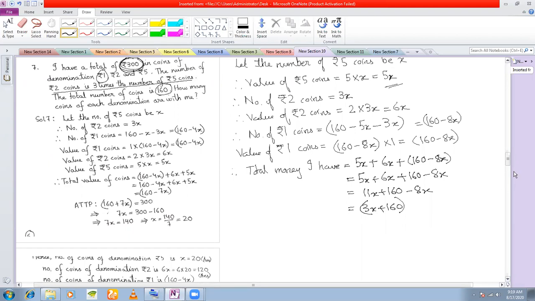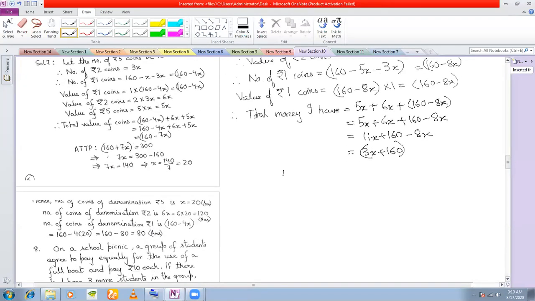And how much is given here? 300. So according to the problem, this 3x plus 160 must be equal to 300. Solve this equation. This is 7x, no?